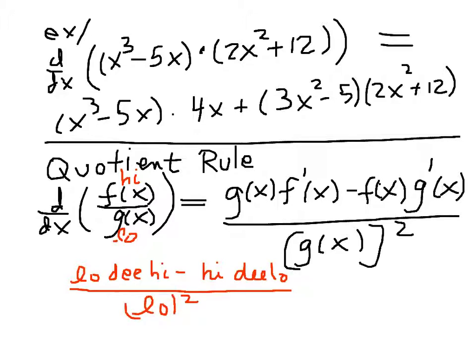So let me help you see that. Low d high minus high d low all over low squared. And whenever I use the quotient rule, I'm always saying to myself in the back of my mind, low d high minus high d low all over low squared.